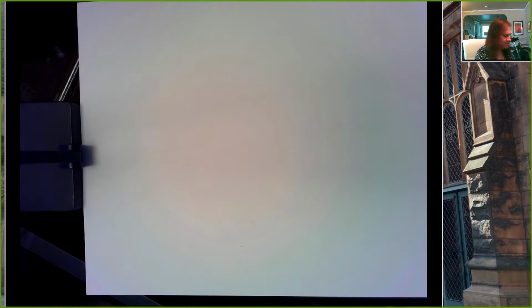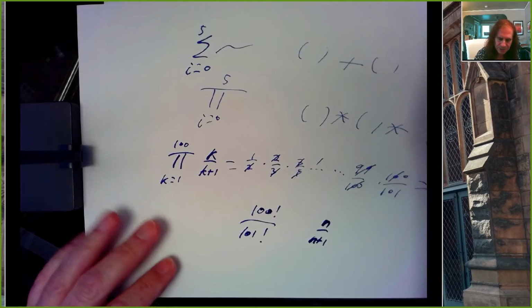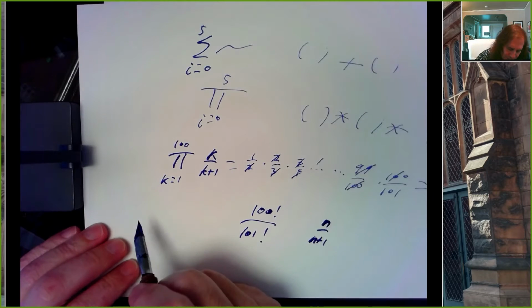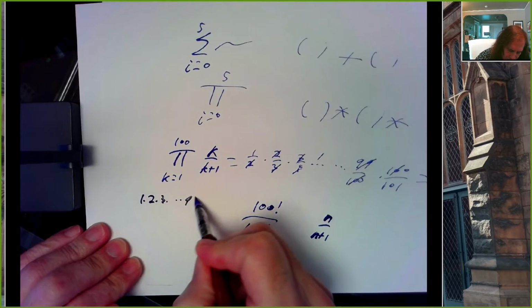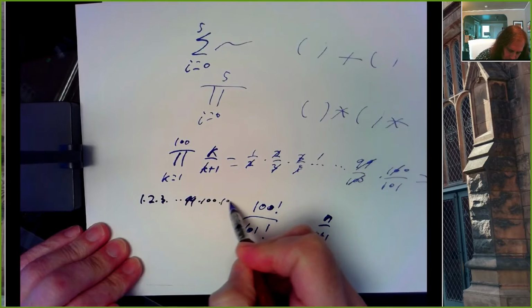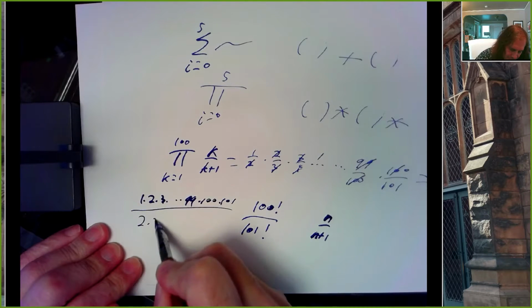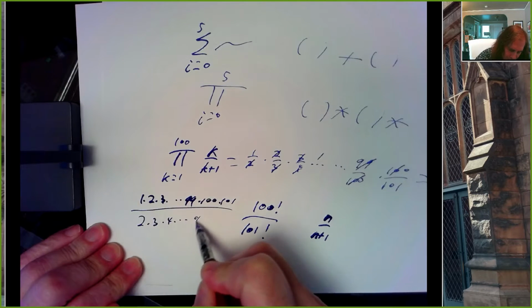Yeah, canceling is fun. We're going to do that a lot when we get to the unit on counting and we do probability. We'll lop off things from numerator and denominator, because you're really writing this as 1 times 2 times 3, and the bottom is 2 times 3 times.